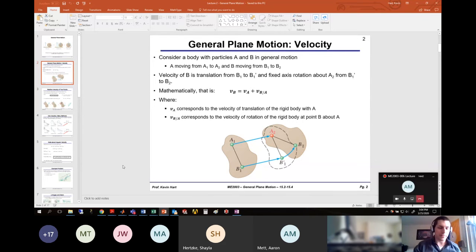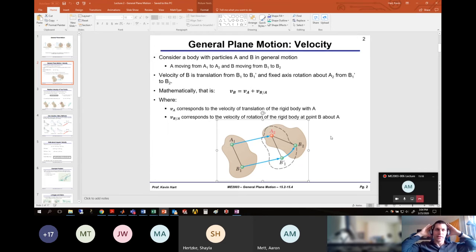At the end of the lecture last time, we were talking about general plane motion. I like this image here on the bottom that displays this pretty clearly. The relative motion of 2 different points on an object can be thought of as the motion of point number 1 in translation. Here we think about point A1 moving to A2 by translation, and then point B1 following that same translational path as A1, and then rotating about point A2 with a fixed axis rotation to get into location B2.